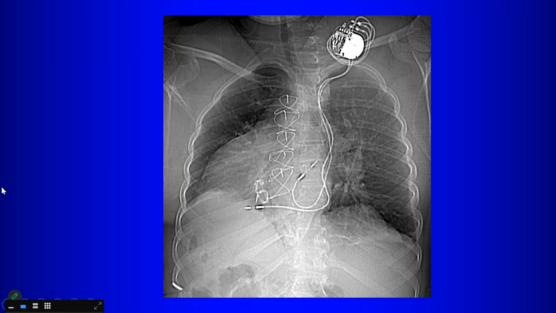Okay, so here, look at this heart. What do you imagine the situs to be here? Well, if you look at the abdomen, you always want to start with the abdomen. What do you think the situs might be? Where do you think the liver is?